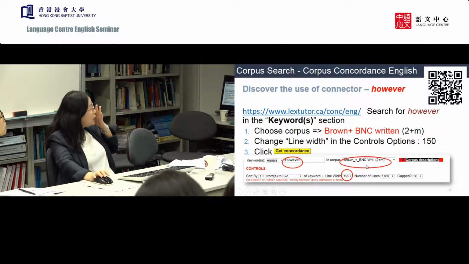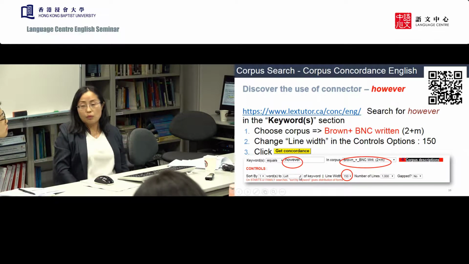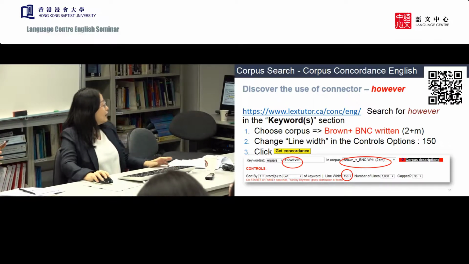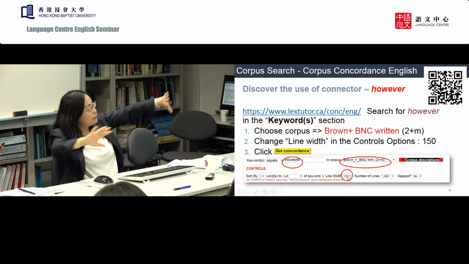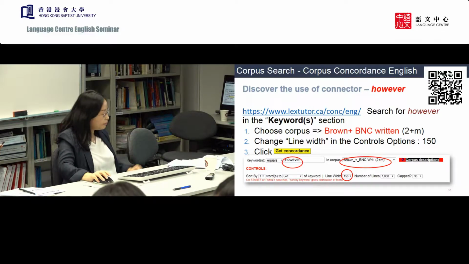And you remember to sort the word, one word to left of keyword. One to left, not right this time. You can make line width 150 or 130, it doesn't matter. 150 means the sentence will be longer, but 130, I think, is fine.